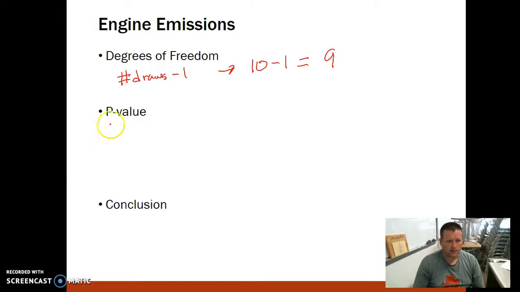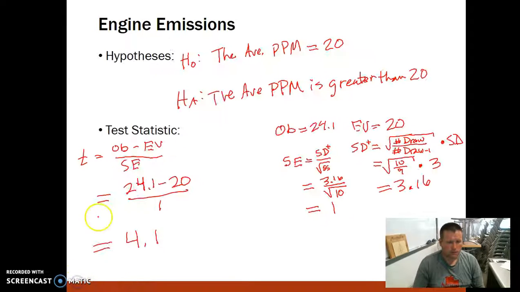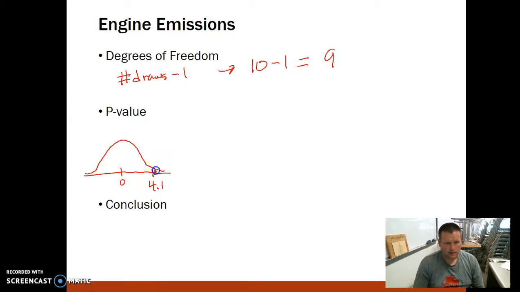Okay, my p-value, this is, remember, step 3. Remember, we're here at 0, and we had 4.1. And we want to know what's the chance that it's more than. Wasn't that what our hypothesis was? It was greater than 20. So we're looking at this way. So there's my lower bound. My upper bound is my favorite big number. And there's my standard deviation.